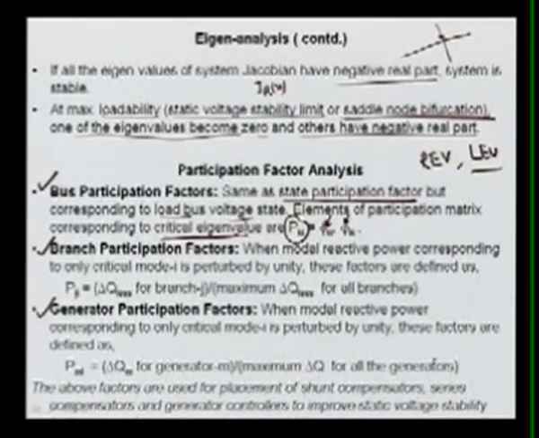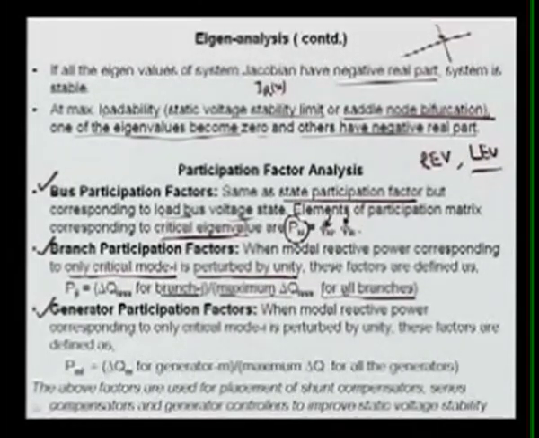The branch participation factors, when the modal reactive power corresponding to only critical mode i is perturbed by unity. These factors are defined as P_ji, the change in reactive power loss for branch i divided by the maximum reactive power loss for all the branches.